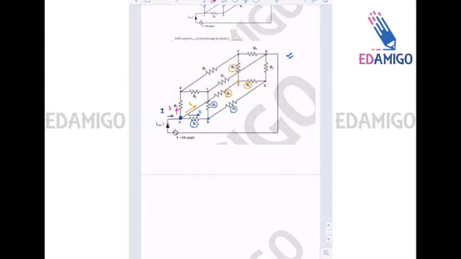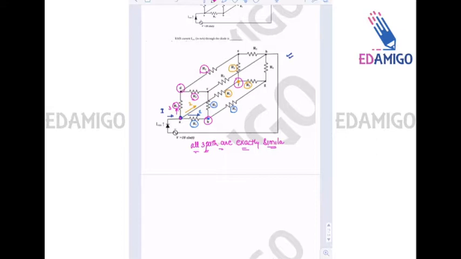Similarly, A to D through R1, and then D is connected to R2 and R2. So all these 3 paths are exactly similar. Now since all three paths are exactly similar, I can say that D, B and F are at the same potential.